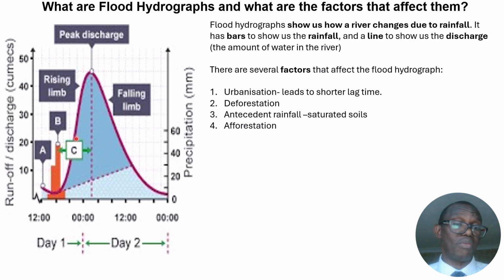And as a result of that, there will be a lot more surface runoff, shorter lag time, and increased flood risk. And then you have afforestation here, which is the planting of trees. Obviously, if you plant more trees, you have more interception and therefore a longer lag time.